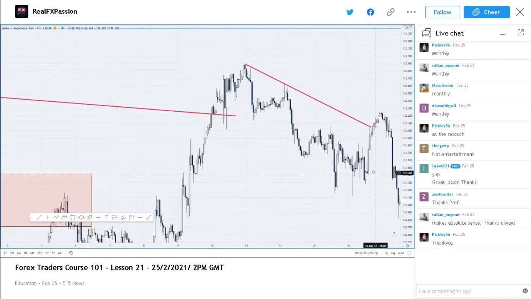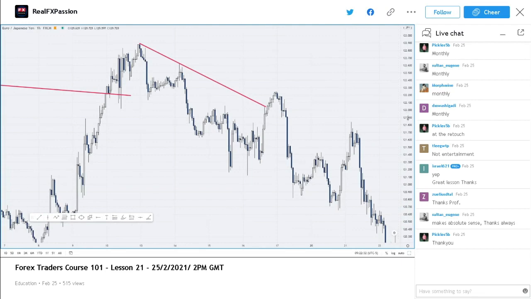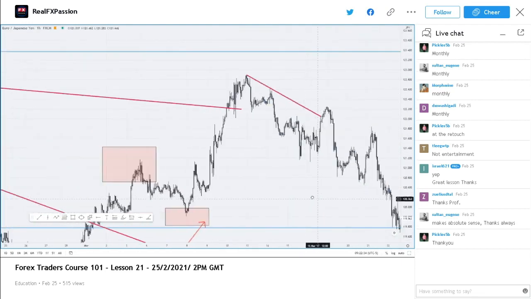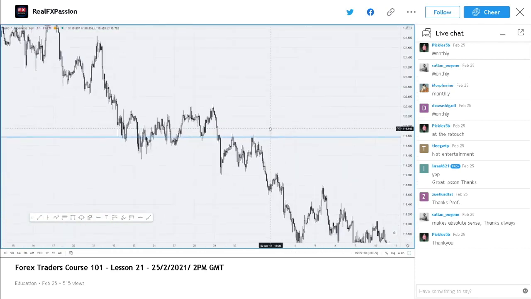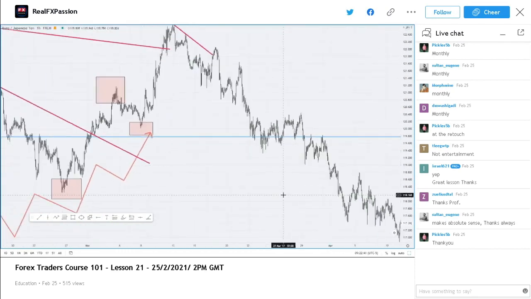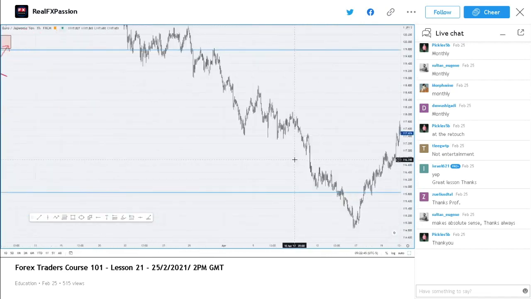One more time, I want to see that the market's making hard highs, hard lows. It's still falling down, reacting to the pivot point, and still falling down. So we're pushing lower, and okay, we are here.